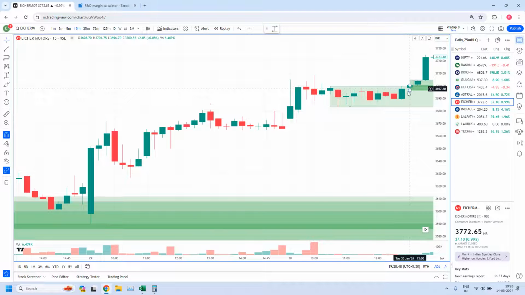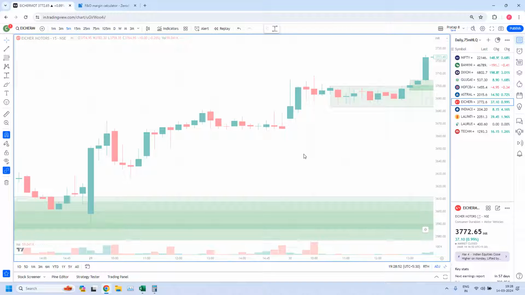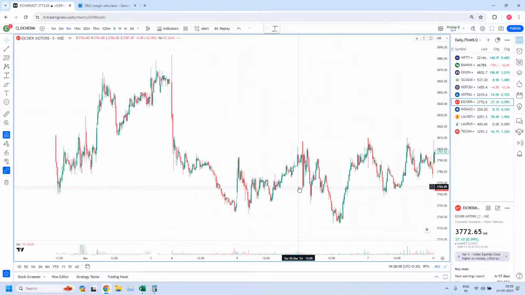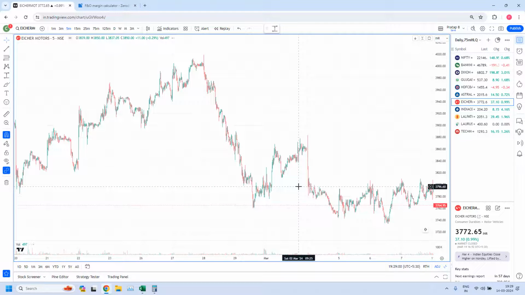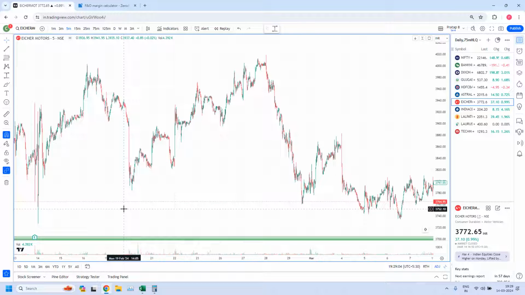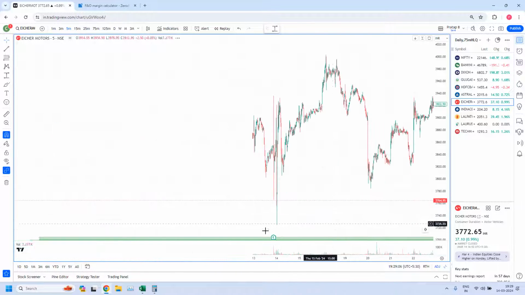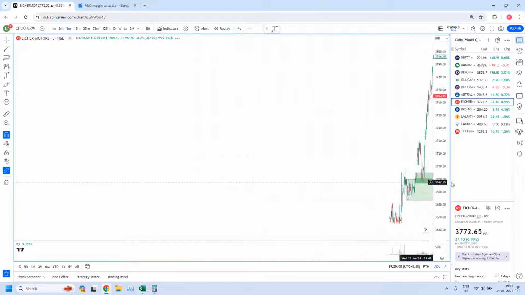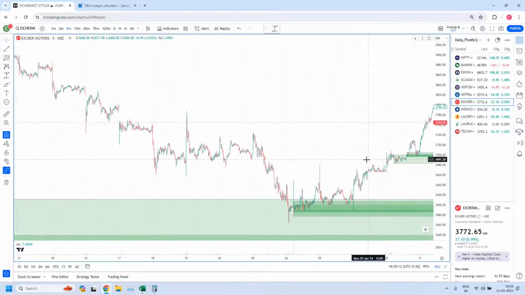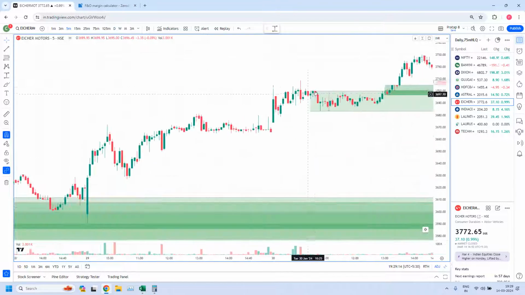If 5 minutes is exactly within, yes, that is a valid zone. The base should be within the 75 minutes. If the base goes out of 75 minutes, it's quite risky. I'm not saying it doesn't work, it may work, but risk will slightly increase. Your success rate may go down from 80% to maybe a 60% level. That is the point you have to understand.